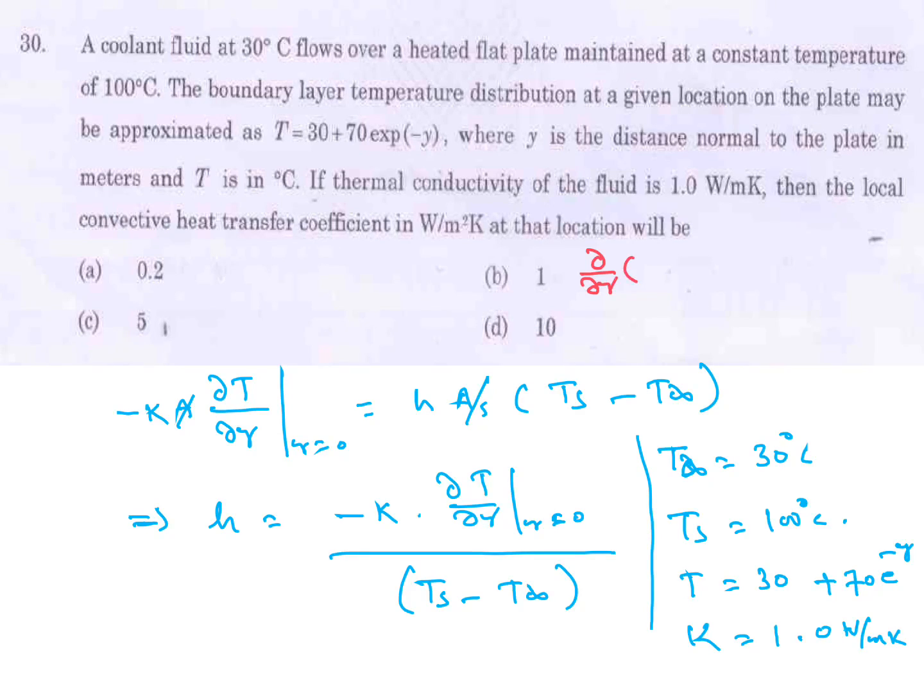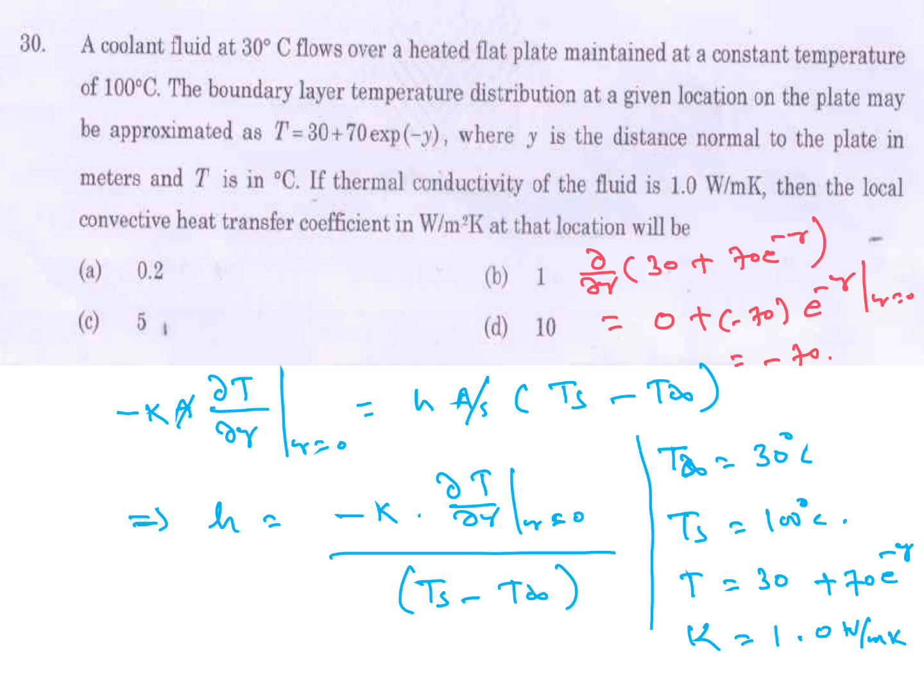dT by dy, T is 30 plus 70 into e to the power minus y. So 0 plus minus 70 into e to the power minus y at y equal to 0. At y equal to 0, e to the power 0 is 1, so it's minus 70.